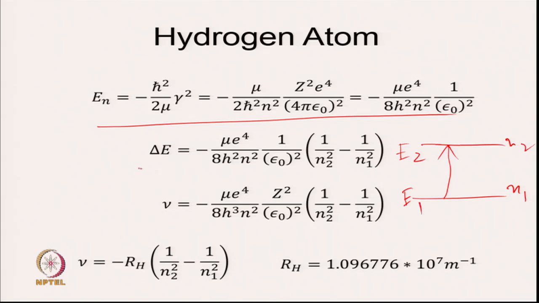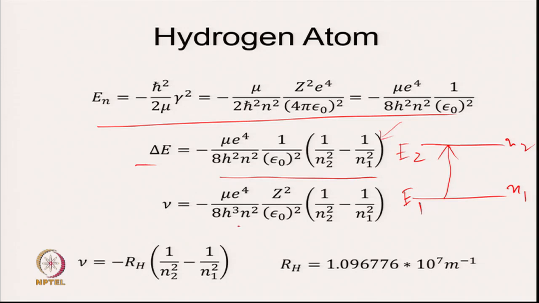First we will calculate ΔE, and what we will get is this one. The other things are constant except n, so you see this comes in a bracket, and this is your 1/n₂² since it is going to n₂, and we started with n₁, so you write 1/n₁².